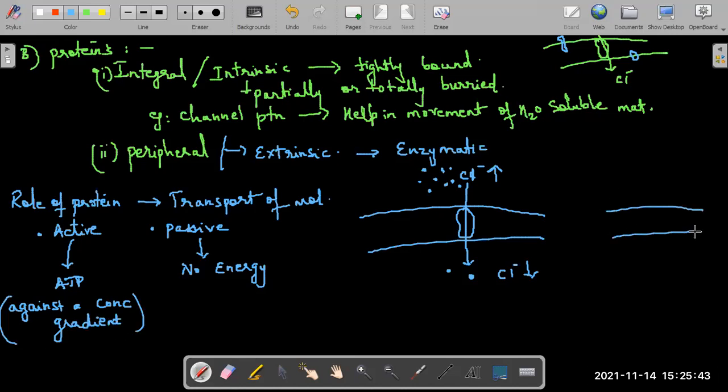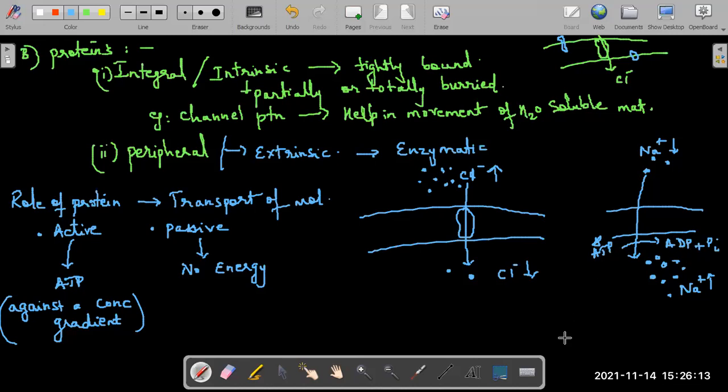For example, let's say there are a lot of sodium molecules already inside a cell, and outside, let's say they're comparatively less. So these three molecules are pushed in again. For this, ATP will be utilized. ATP will get broken down to ADP plus one phosphate. The triphosphate is broken down to diphosphate and one phosphate is released.